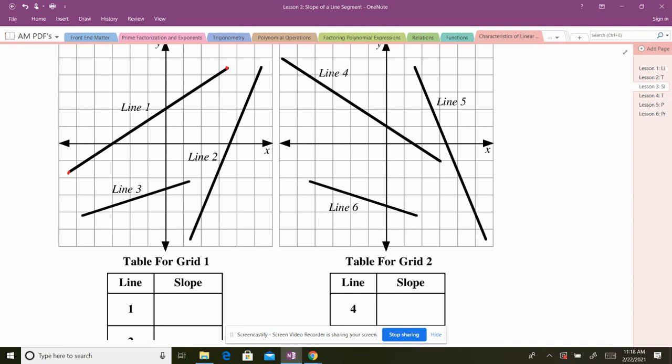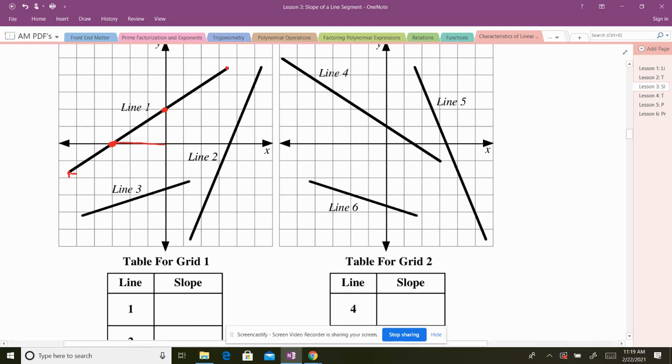So pick the points that go through the direct corner of the square, because you can't estimate what this x value or the y value is. I don't know. Is it 0.5? Is it 0.6? So pick the ones that go right through the corner. So this one here goes through the corner of a square, and this one here goes through the corner of a square. Then you make your triangle off of that.